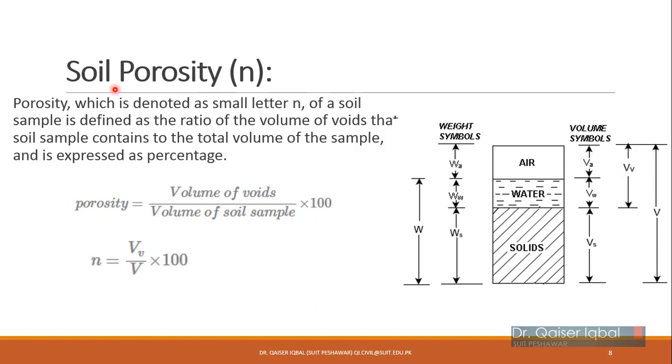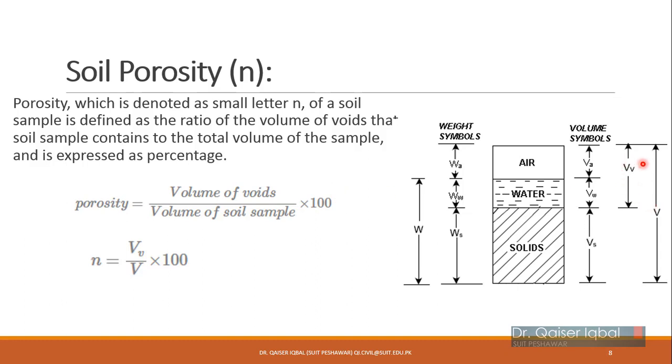Now coming to porosity, which is represented by small n. Porosity is also a property related to the volume of a given soil, which is represented as the ratio of the volume of voids to the volume of the soil sample. So unlike void ratio, where the denominator was the volume of soil solids, here it is the volume of the whole soil sample.